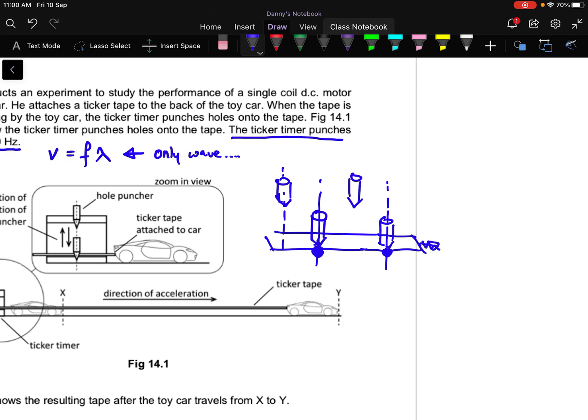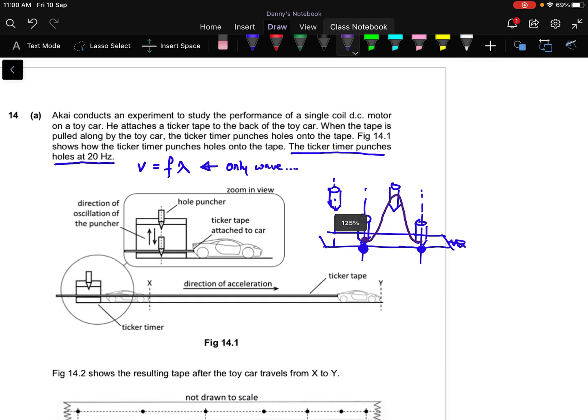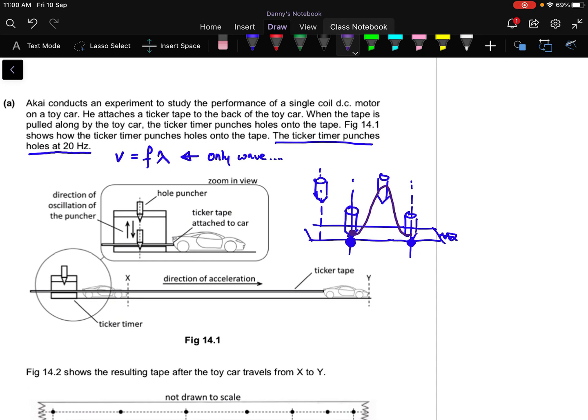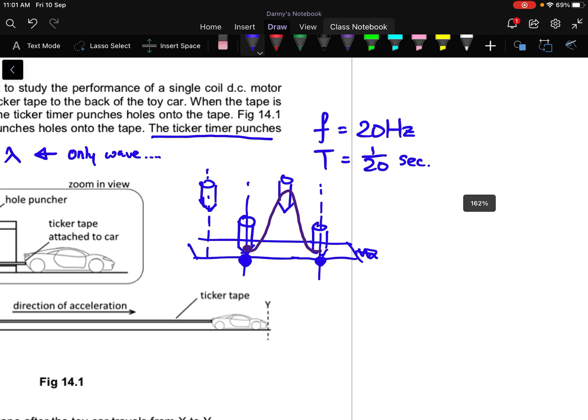So what is frequency? Frequency means the number of oscillations per second. So what is one oscillation? This is one oscillation: from this point, go to the high position, then go back low, correct or not? So if you take 20 Hertz and change it to a period, it will be 1/20 seconds, right?